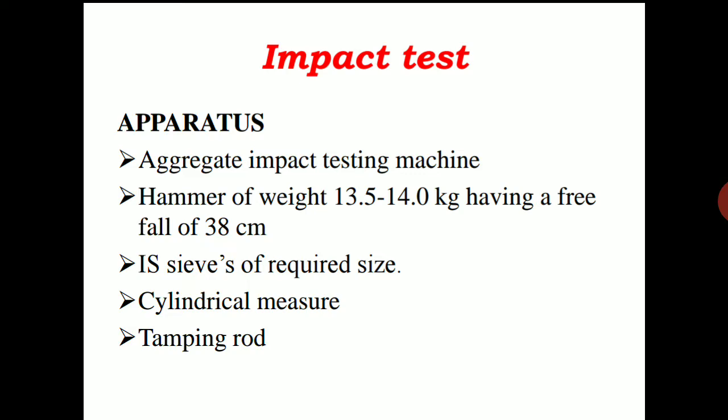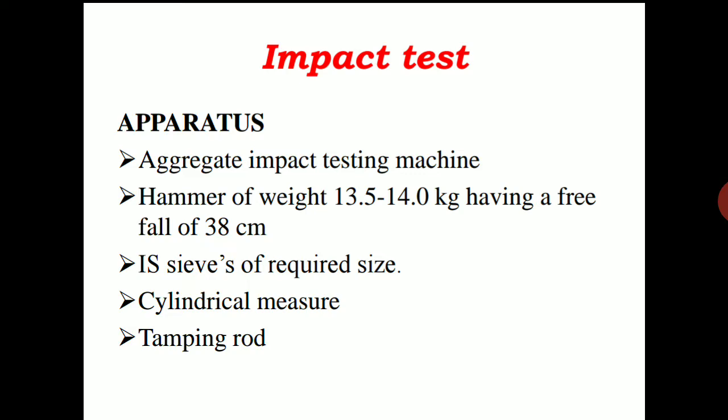The maximum allowable aggregate impact value, especially for the sub base course, is 50%, whereas for cement concrete used in the base course it is 45%. A base course with bituminous surfacing should have an aggregate impact value of 40%.